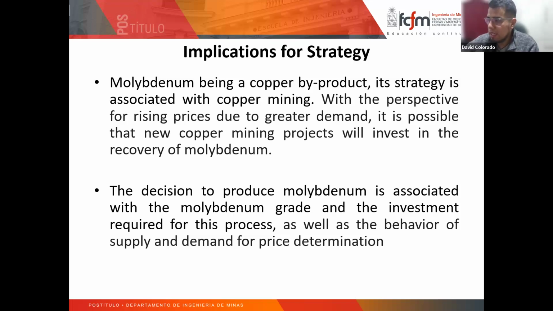That is associated with the copper market, and the entry decision is mainly given by the molybdenum grade. As far as we know, we need 120 ppm to do a new plant for molybdenum.